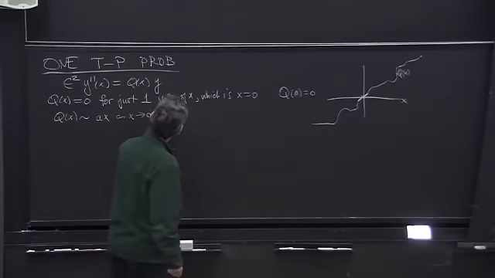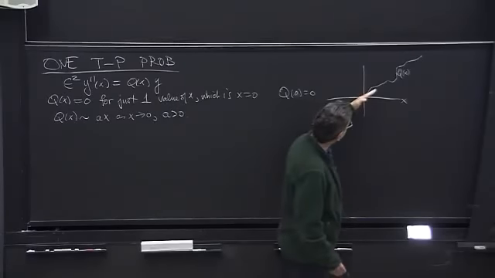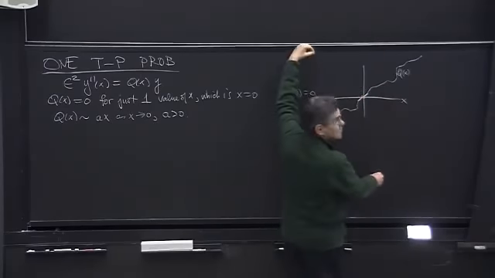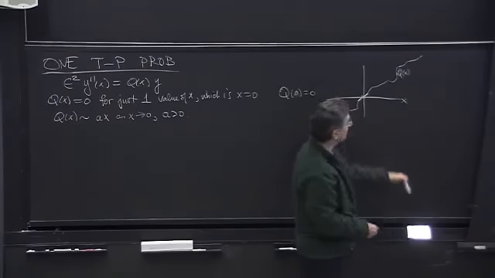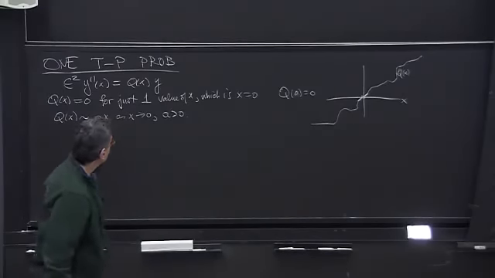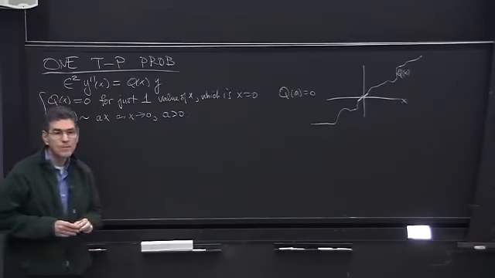And I'm assuming that a is a positive number. That is, the slope at 0 is positive. If a were a negative number, then this picture would look like this. It would be going down rather than up. Now, this is what I'm assuming about q.